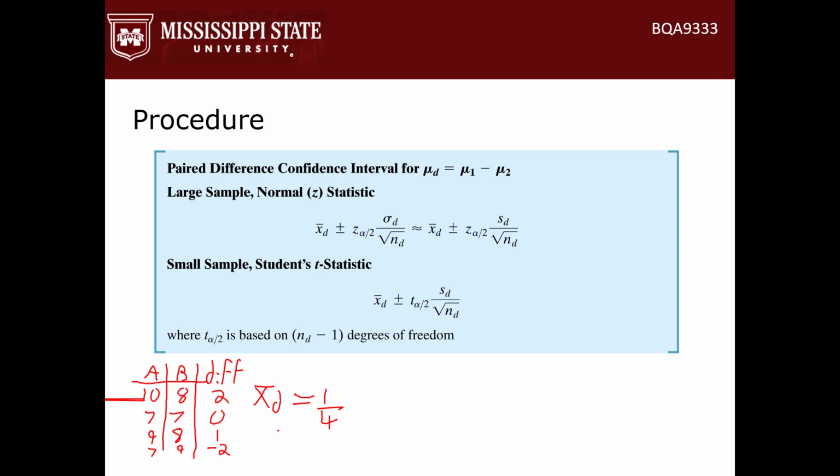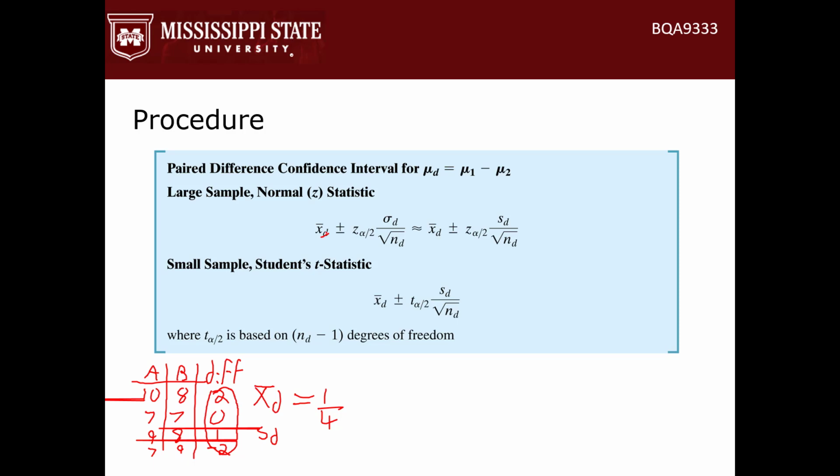You get the idea. And then we could also calculate, and I'm not going to do it, the standard deviation on these differences. That would be like 2 minus a quarter, 0 minus a quarter, 1 minus a quarter, etc. So we work on the differences, and this is very similar to the single sample test.